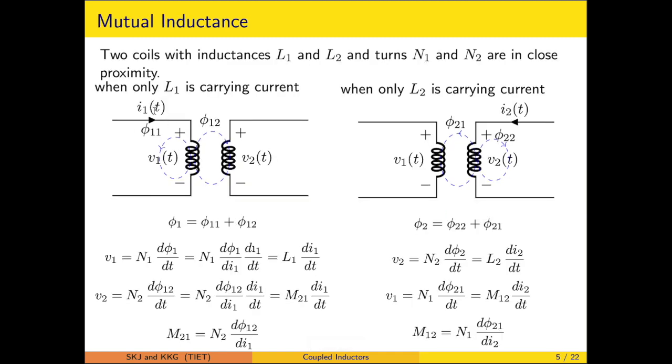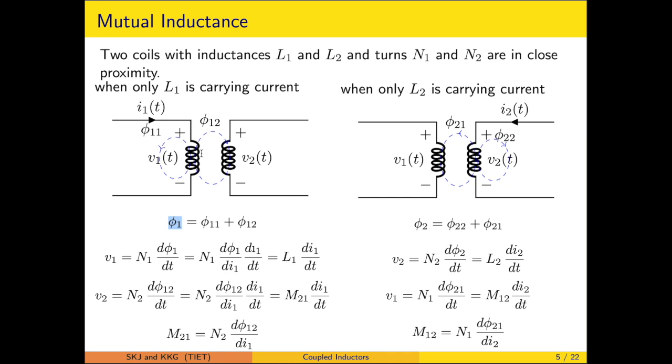So, here, two coils are considered in close proximity, having self inductances L1 and L2, and the number of turns N1 and N2. When coil 1 is carrying current I1 only, it results in the flux phi 1.